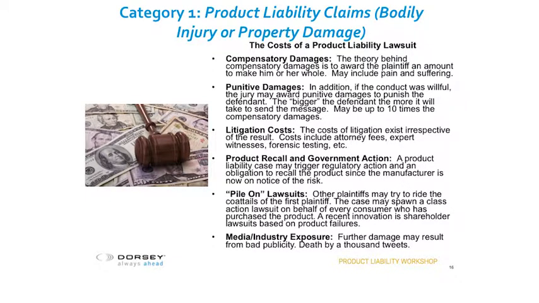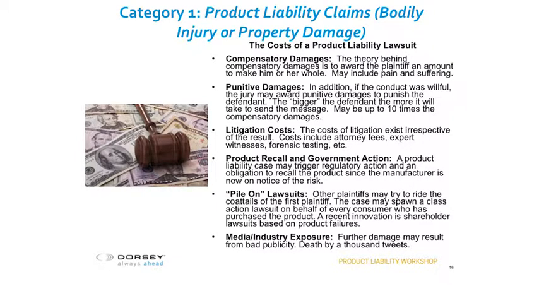Of course, the litigation cost can be significant. And then a product liability case often spawns other problems, other headaches. There can be recalls, there can be pile-on lawsuits, there can be regulatory actions.